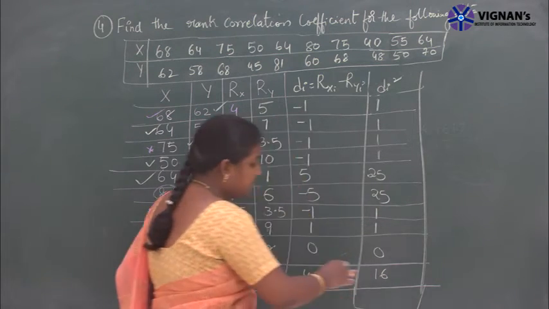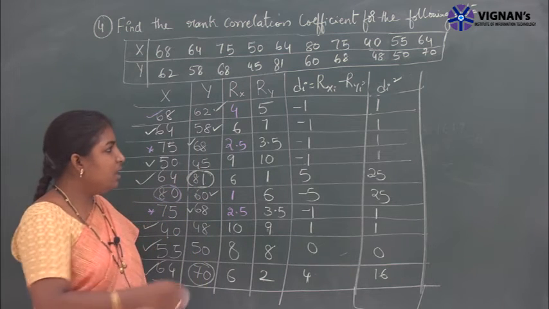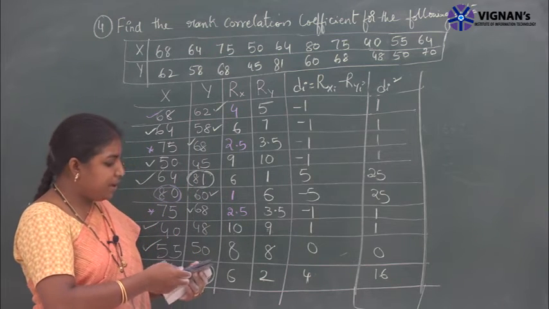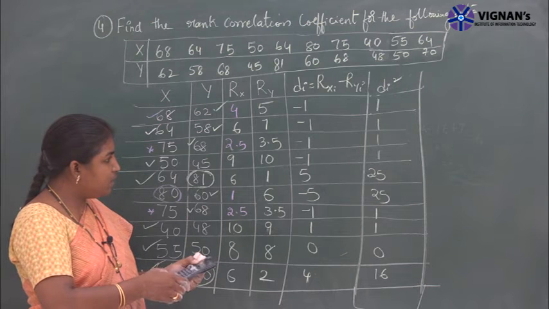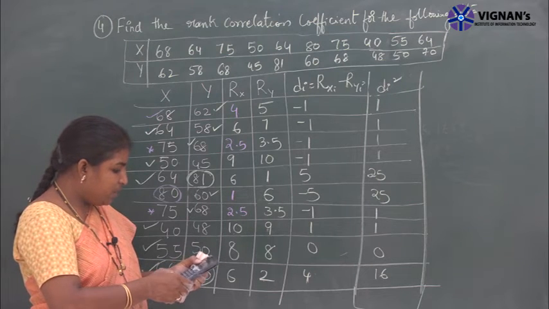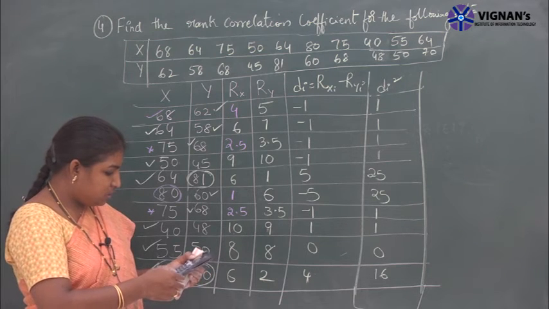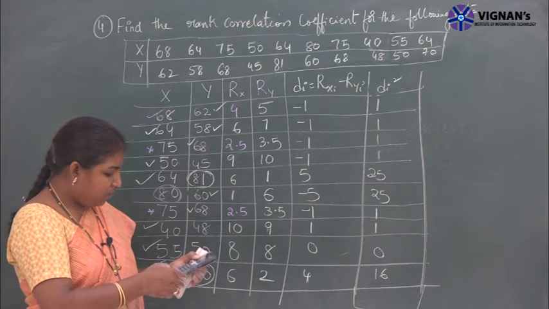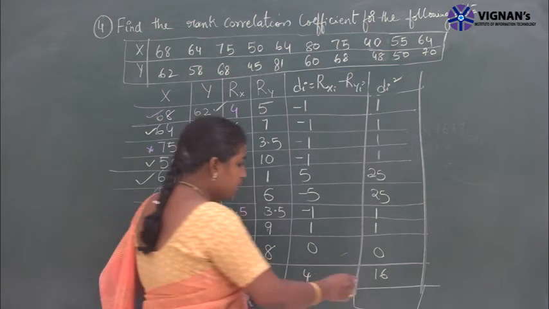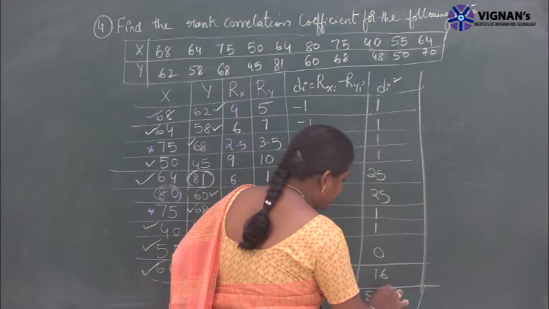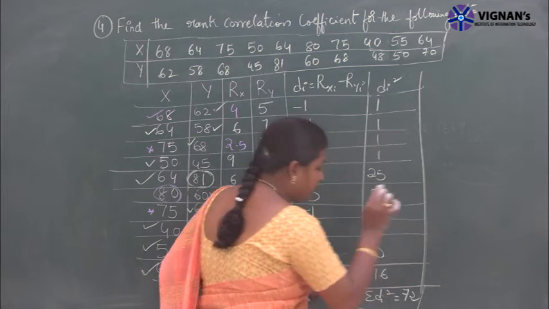So now we are taking the summation of this, that means adding all the values in di square. So that is 1 plus 1 plus 1 plus 1 plus 25 plus 25 plus 1 plus 1 plus 16. So the summation di square is 72.